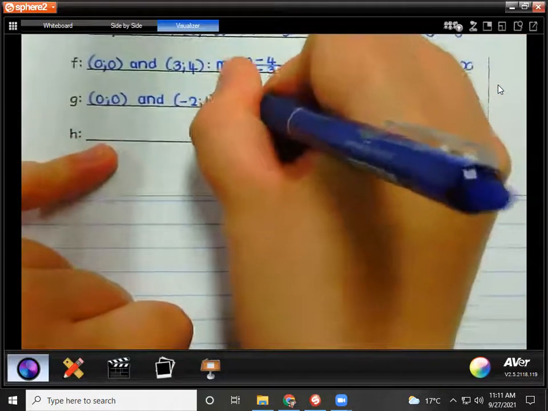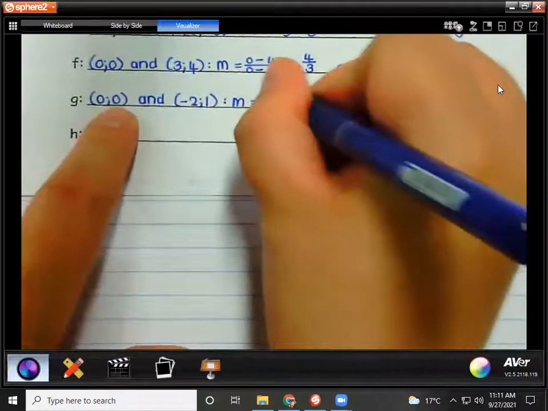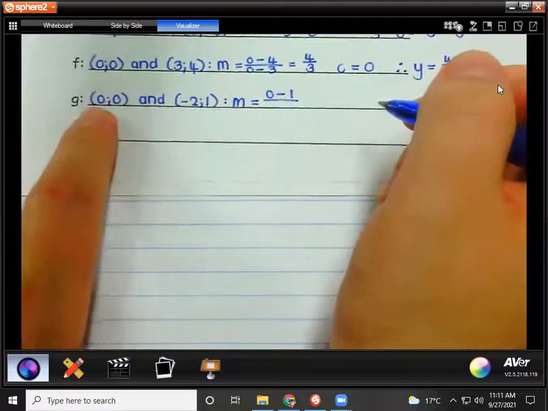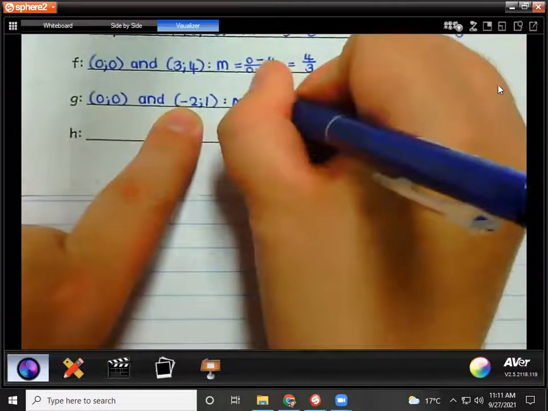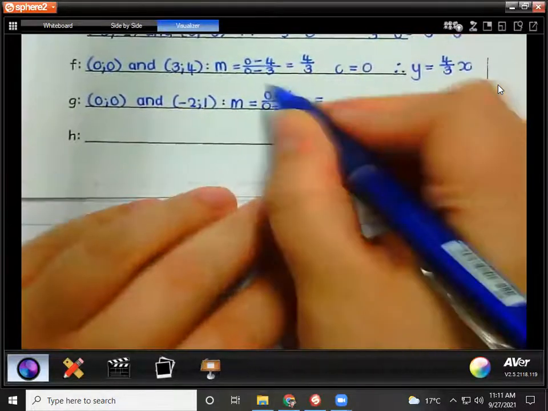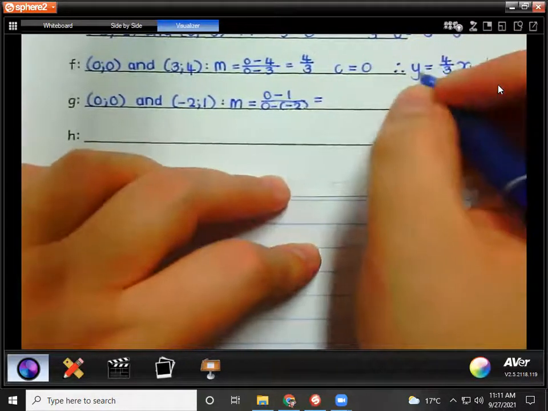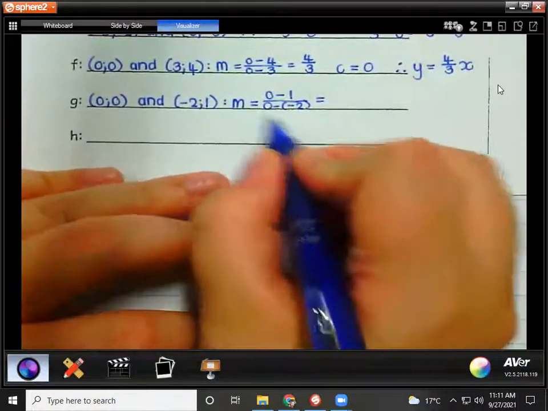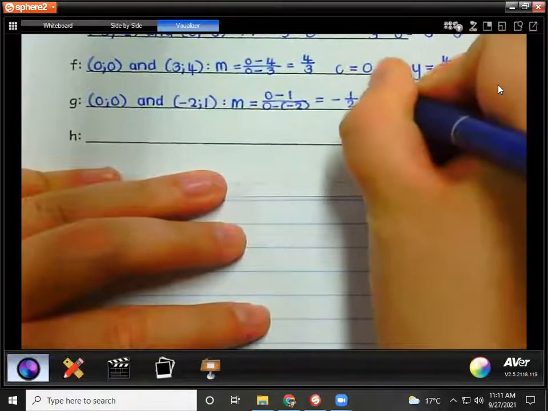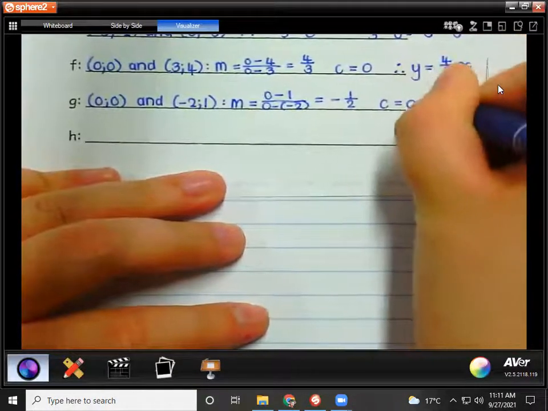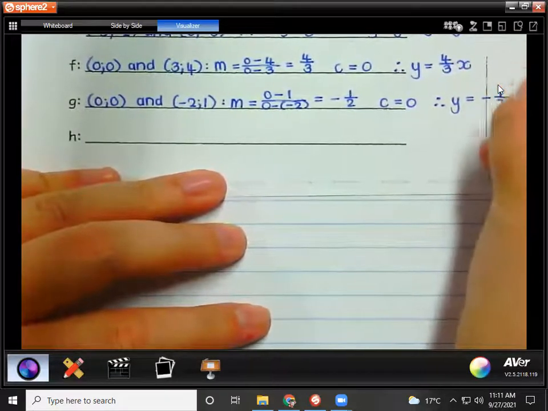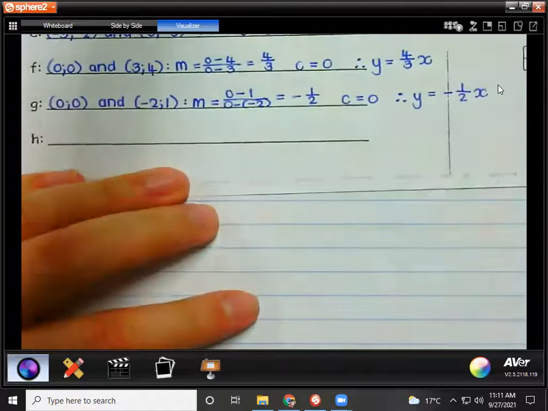Okay, gradient, y value minus y value over x value minus x value. So 0 minus -2. Right, what's 0 minus 1? -1, hey? And 0 plus 2 is just 2. So this gives you -1 over 2. And your C value again is 0 because it goes through the origin. So this equation is y equals -1/2 x.